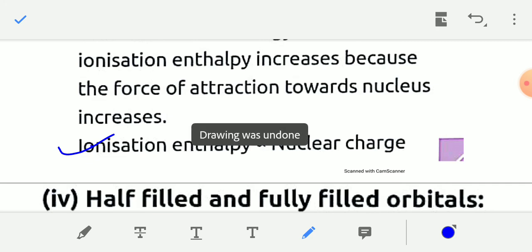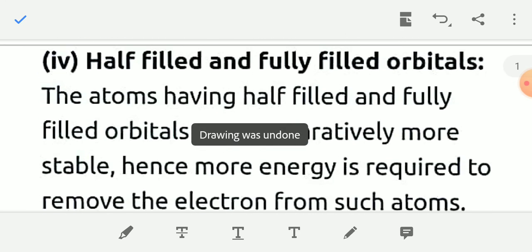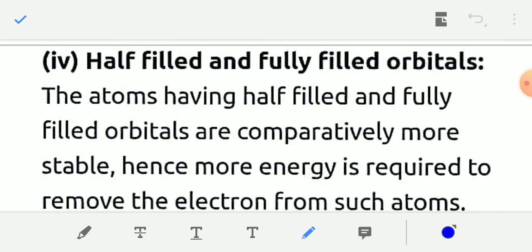Next factor is half filled or full filled orbitals. The atoms having half filled and full filled orbitals are comparatively more stable. According to Hund's rule, such atoms are more stable, and hence more energy is required to remove the valence electron.